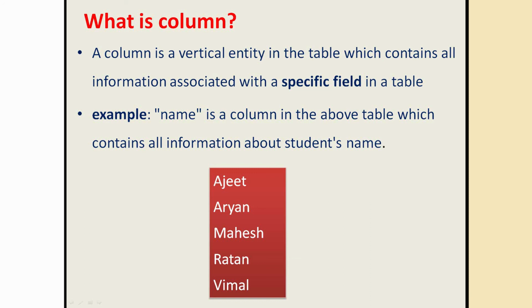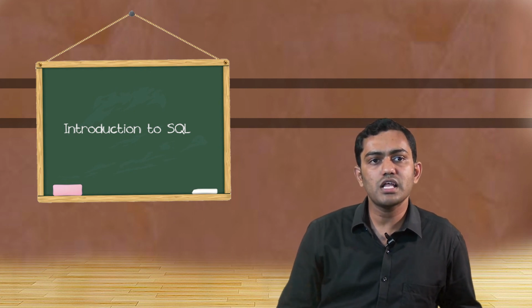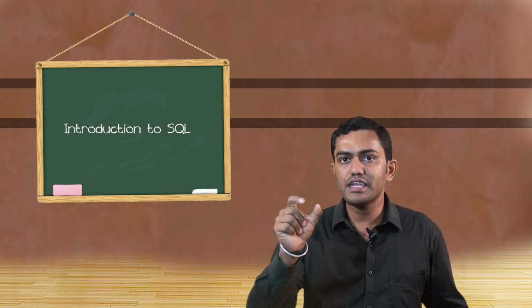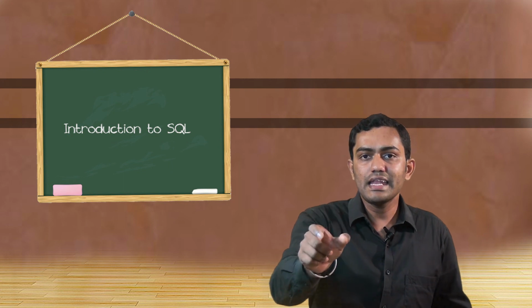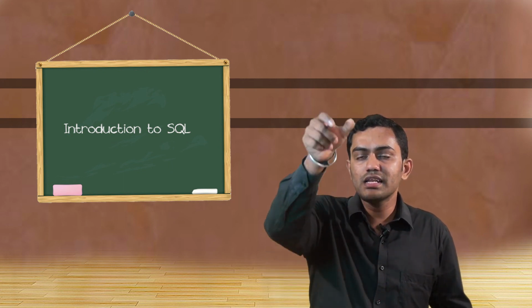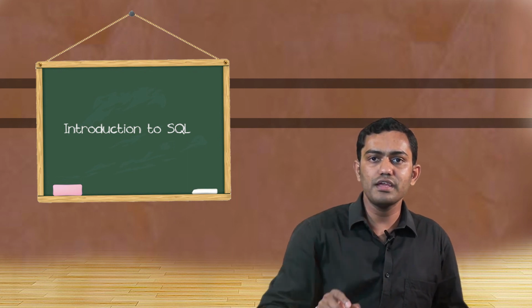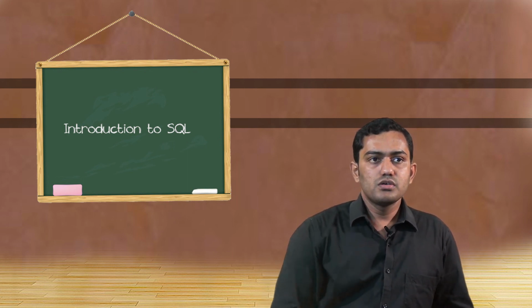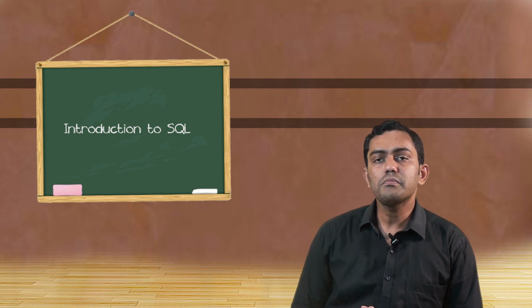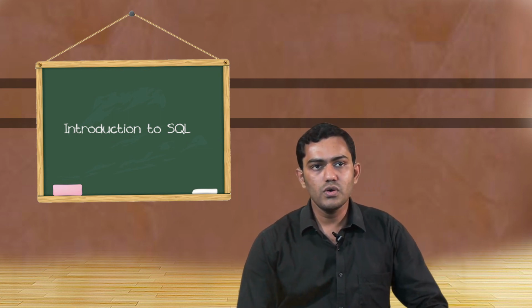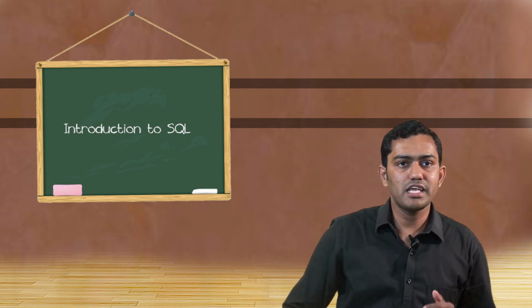A column is a vertical entity in a table which contains all the information associated with a specific field. Here the field is name, so all the details in that column are related to name.